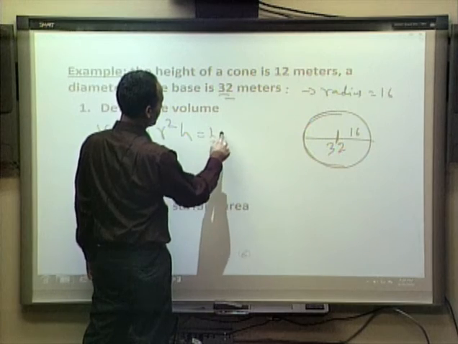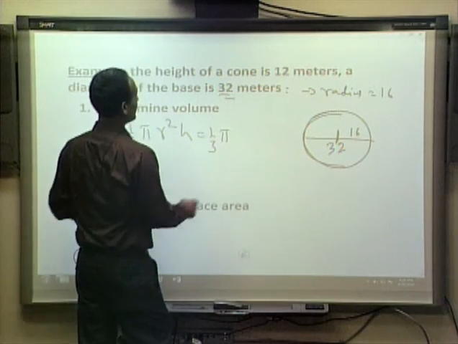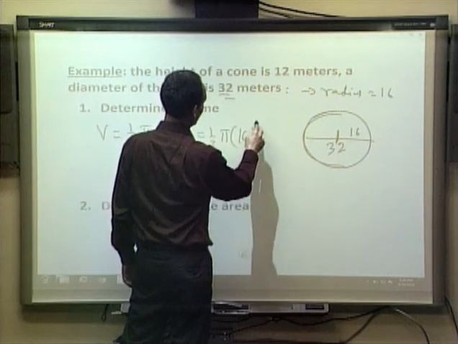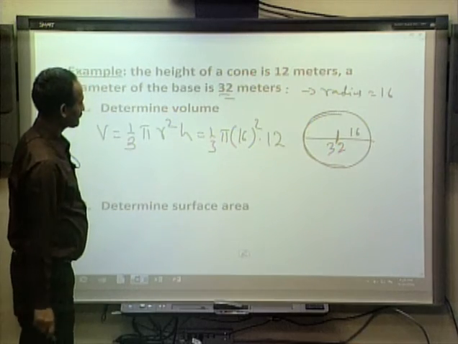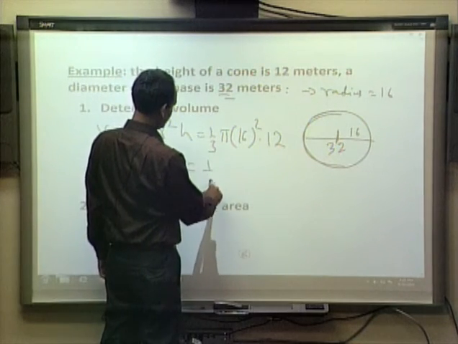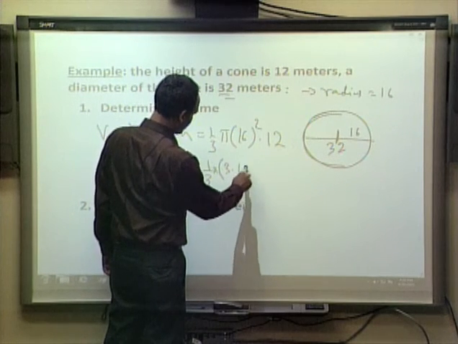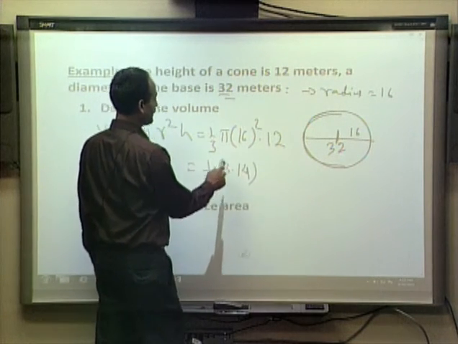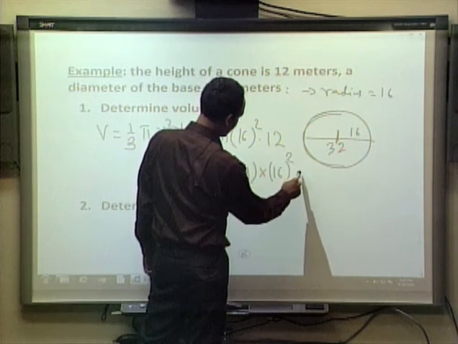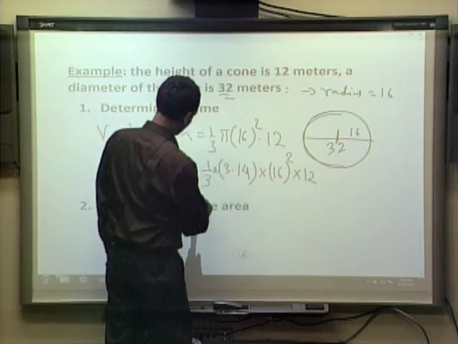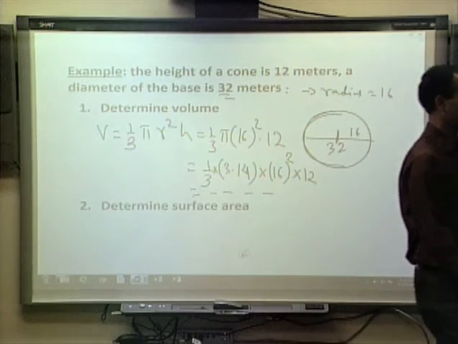So 1/3 pi, radius is 16 square, times the height 12. Well, we can approximate pi by 3.14. So it will be 1/3 times 3.14 times 16 square times 12. I will let you multiply this number and find out the answer.